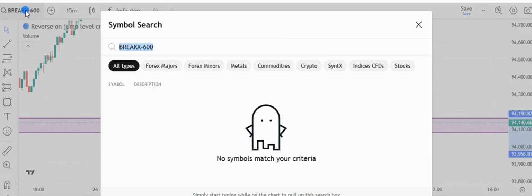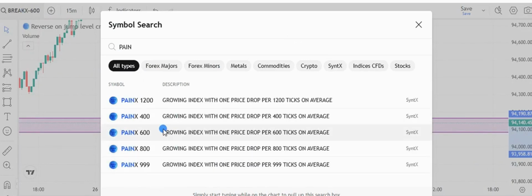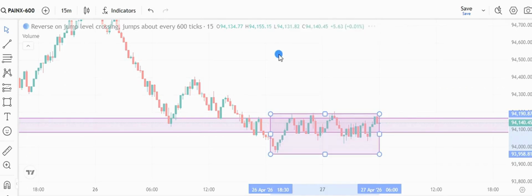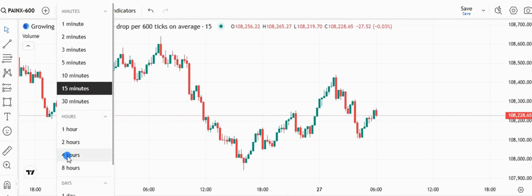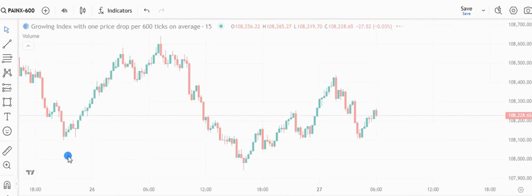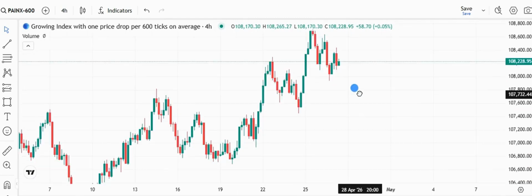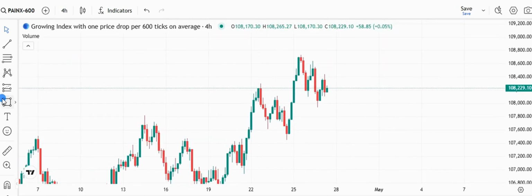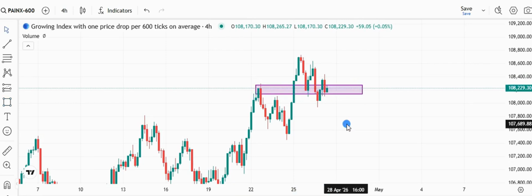So let's go to the next 600. The 4-hour chart is looking bullish. Kind of similar, we want to see the market closing out of this.